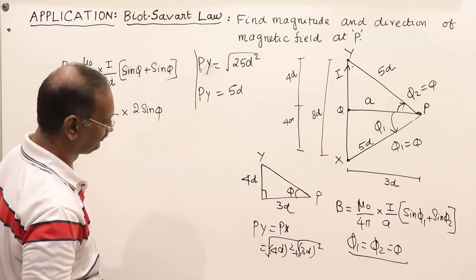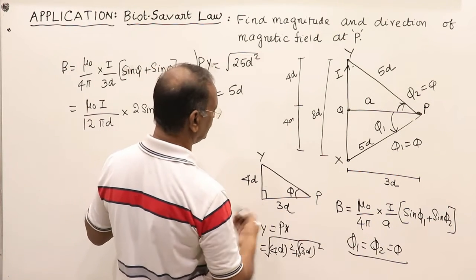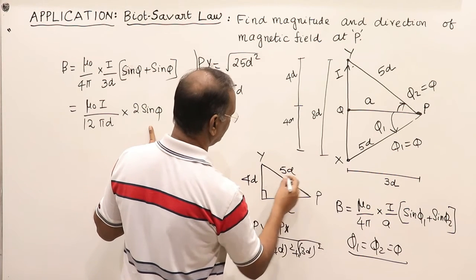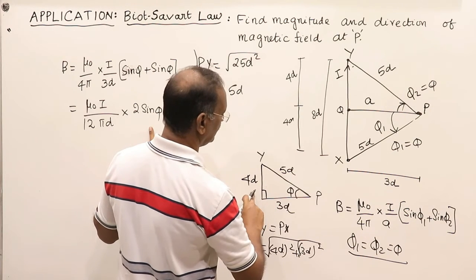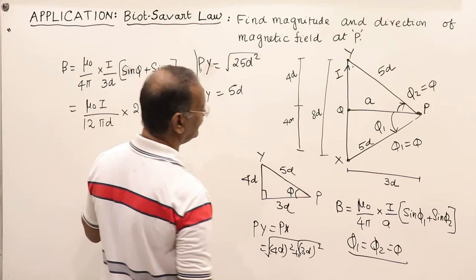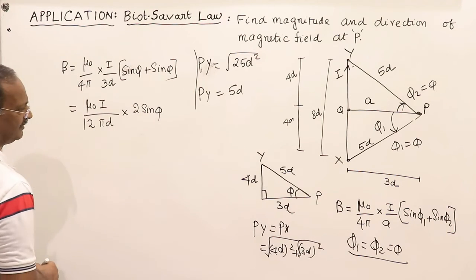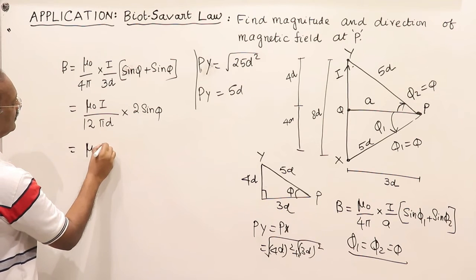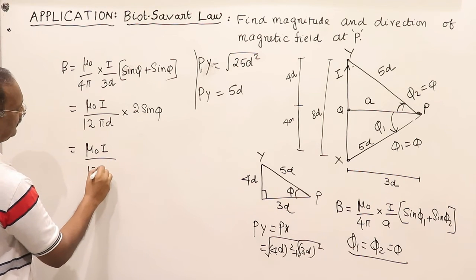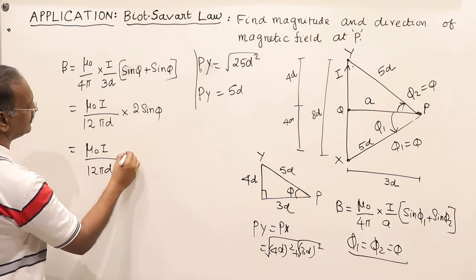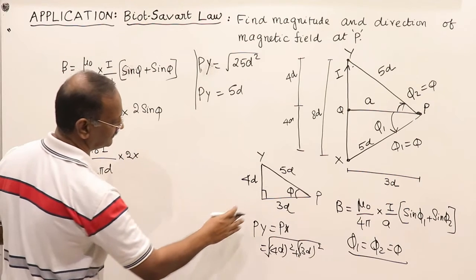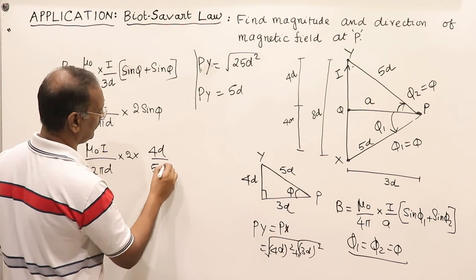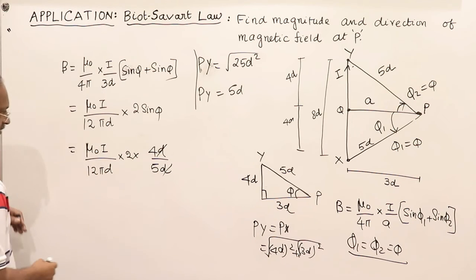What is the value of sin phi? Sin phi is equal to opposite divided by hypotenuse. Sin phi is equal to 4d divided by 5d. So B is equal to mu naught I divided by 12 pi d into 2 into sin phi, that is 4d divided by 5d. This d and d get cancelled.